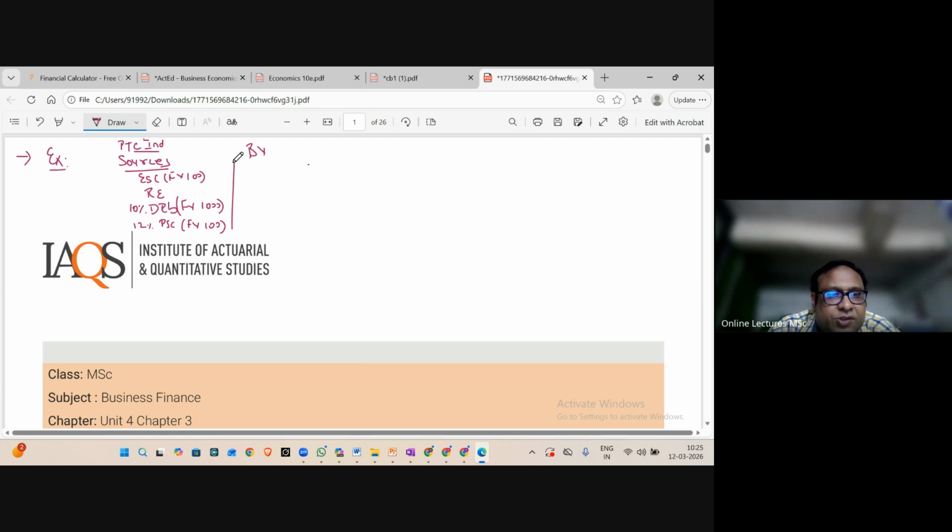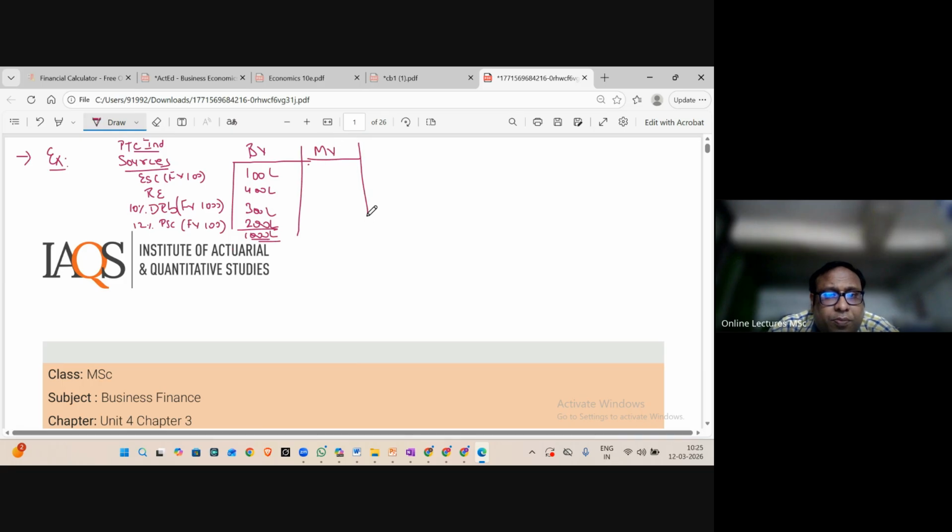As per books, ESC is worth 100 lakhs. Retained earnings are worth 400 lakhs. Debentures are worth 300 lakhs and PSC is worth 200 lakhs. Together, this is 1000 lakhs. Market value.